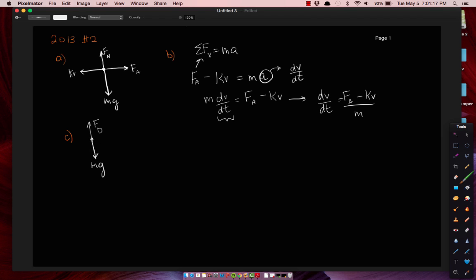So the force in this direction is equal to the force in this direction. That's what terminal velocity is. In this scenario, we're going to say basically the same thing: the force applied is equal to your drag force.